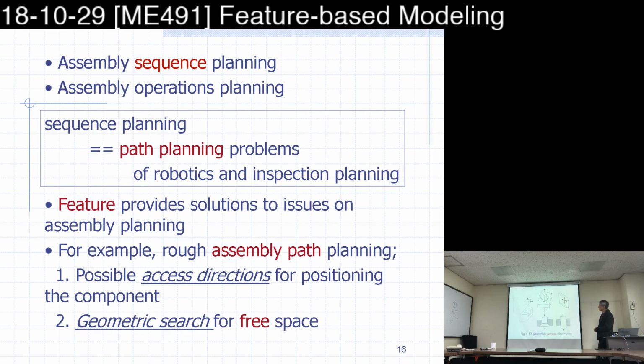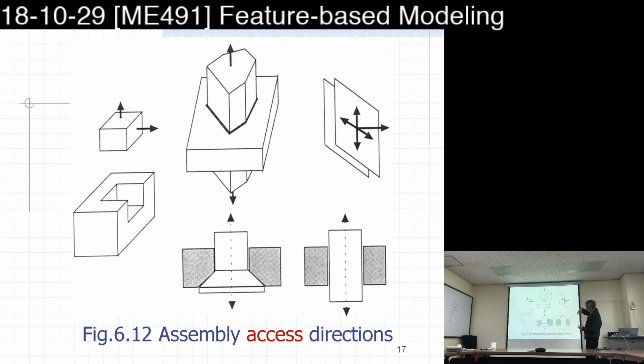The access direction is most important, right? You cannot do it in this way. The only way is this way. And this part can go only in this way or this way, only two directions. Similarly, plugging is only one way, with a special shape, right? And also this one.